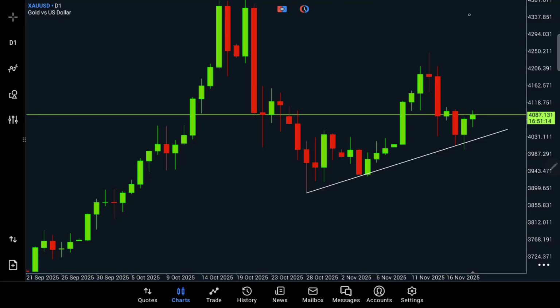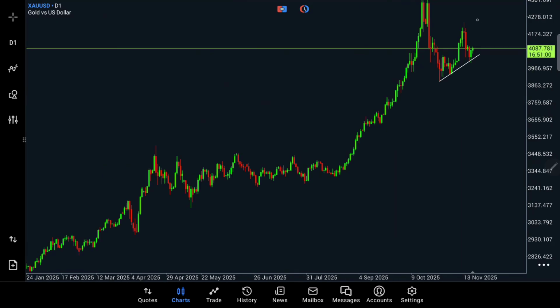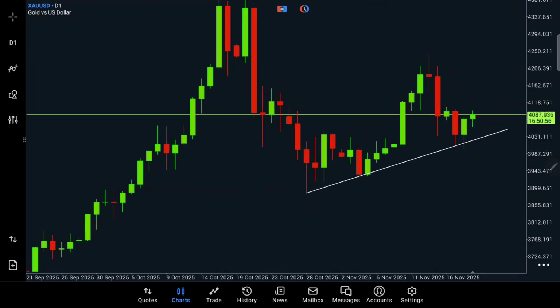Okay, and as you can see there is bullish momentum from yesterday's market, and today the market is also going to move bullish. And the overall long-run market trend is buy, and maybe we have to consider buy today also.